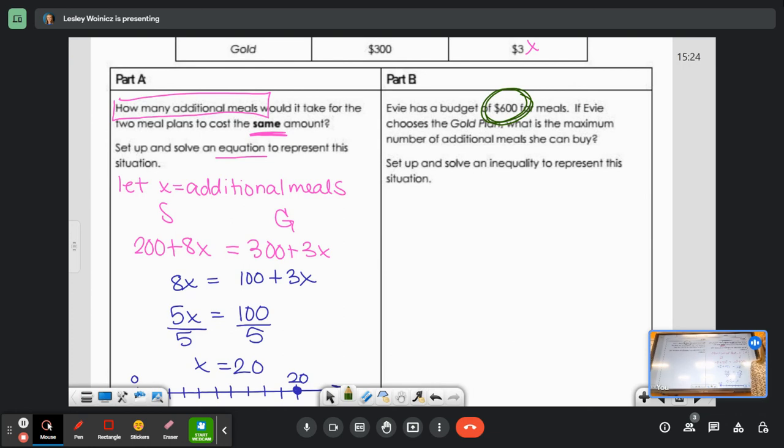This time, are we going to do an equation? No, it's telling us to do an inequality because we're going to have the maximum number that she can buy, but she could also buy fewer, right? Okay, so we're going to do an inequality. Let's look for the question. What's the question?